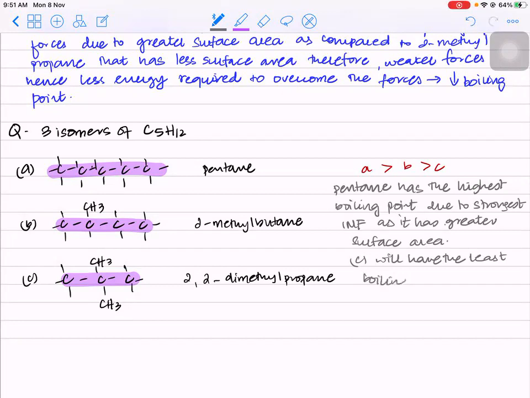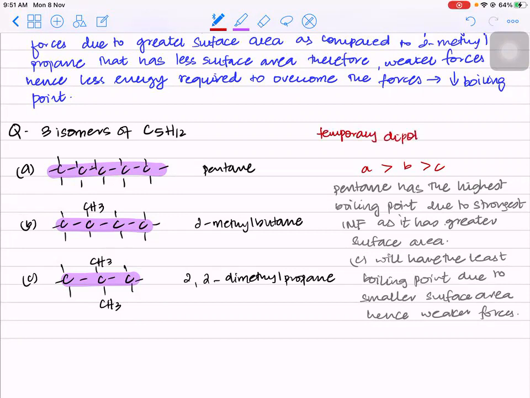Why? Due to smaller surface area. Hence, weaker forces. Is this clear? Do you all understand this? And which type of forces will they all have? Temporary dipole forces. So they all have temporary dipole, induced dipole forces. Clear? Understood?